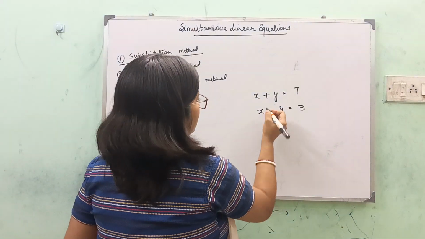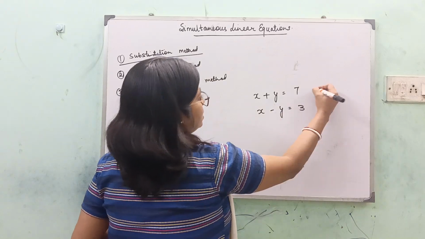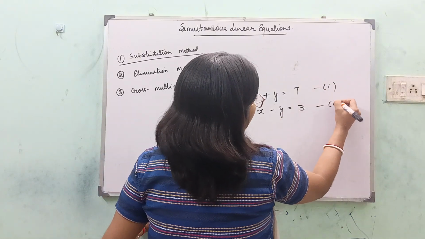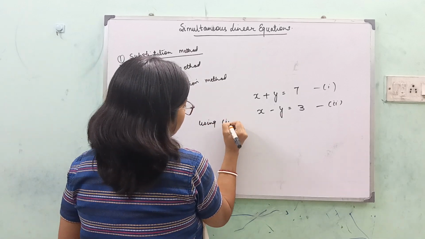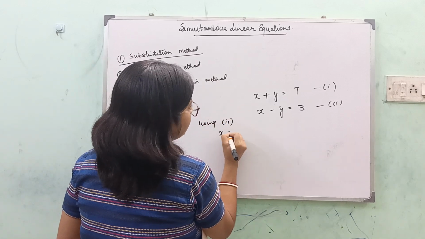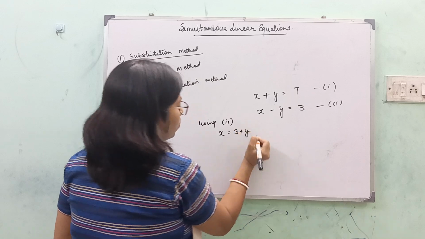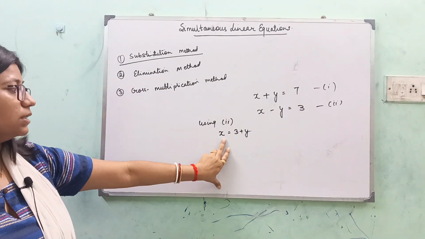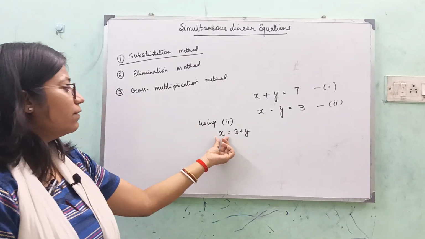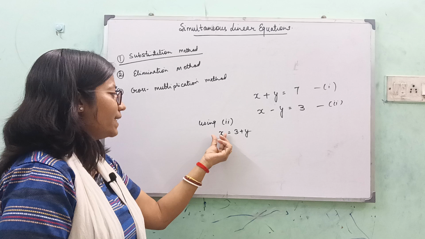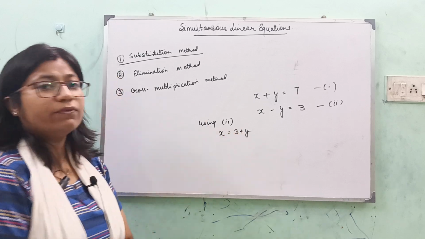For example, see here, I will use this equation. So this is equation number 1, equation number 2. So using 2, I will be making x equal to 3 plus y. So here x is framed in terms of y. We are making x the subject in terms of y.